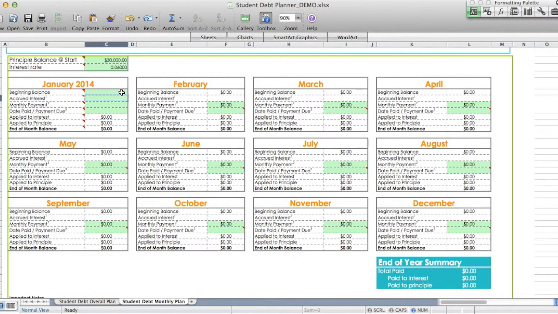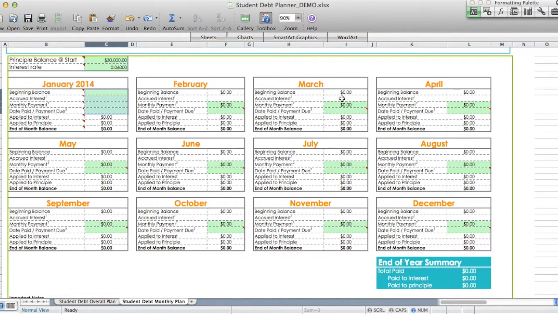I also need you to enter in the interest that has accrued since your last payment, what that last payment was, and the date of that last payment. I chose January because it's the easiest month to start in, but feel free to start in whatever month you're actually starting your journey.